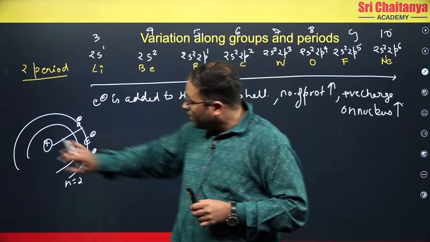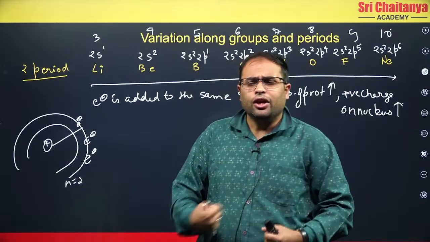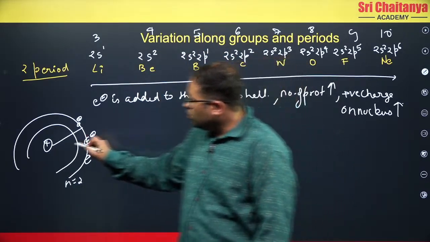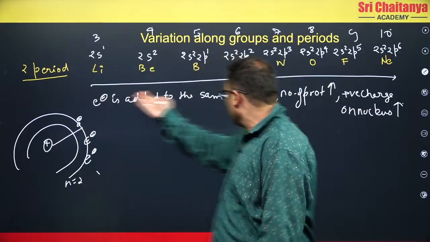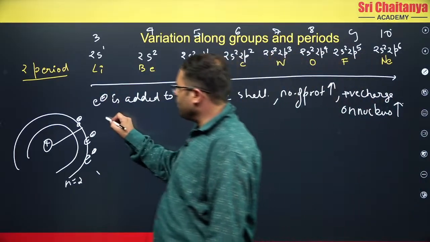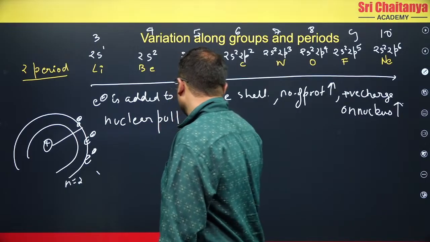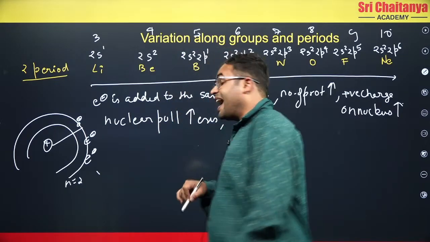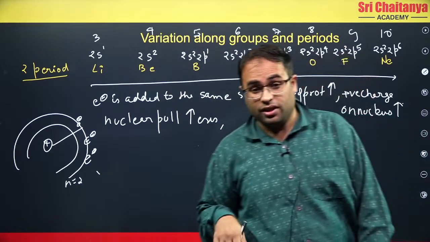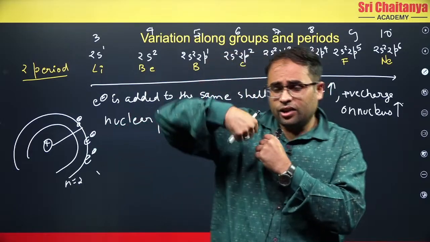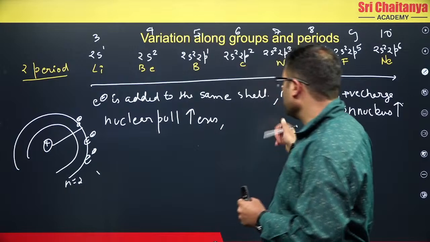Now, positive charge on nucleus increasing means that nucleus's power to pull electrons is increasing, right? So, as you are moving from here to here, nuclear pull increases. Now, as the nuclear pull increases, the nucleus is pulling it very strongly. You have to put more energy to remove it.